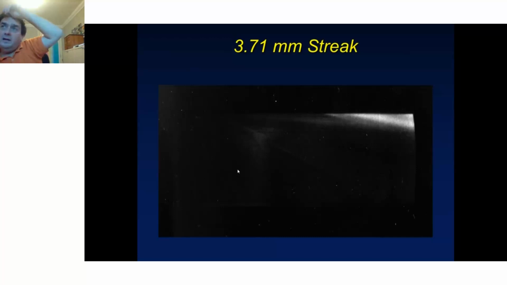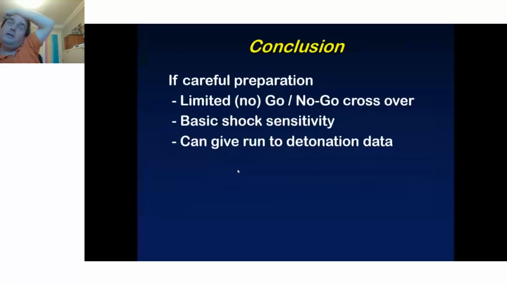So we can define the shock to detonation threshold with very accurate values. And so we've got a limited go-no-go crossover. We can show that there is a value of stress above which you will get this shock to detonation transition. And by careful preparation, what we mean is those columns were pressed in very small incremental heights.